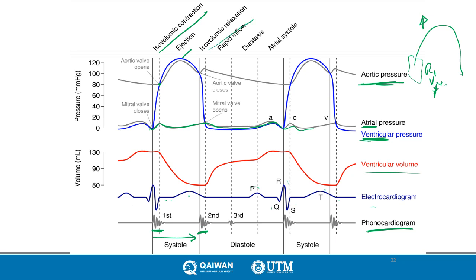The third sound is a small sound at diastole, when the aortic valve closes. It is just a small sound here, this third sound. And it continues: first, second, third, first, second, third, with the contraction of the heart.